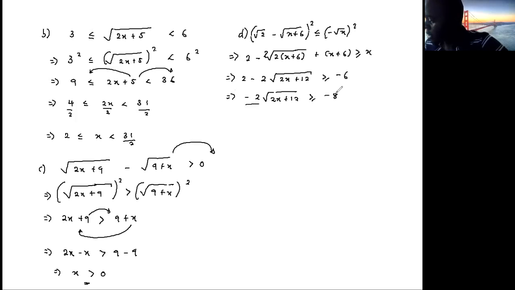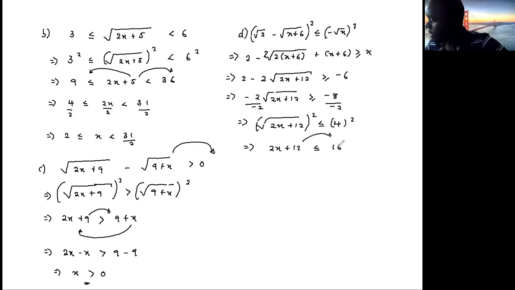So if we divide by negative 2, then you are going to have root 2x plus 12 is less or equal to positive 4. So that if we square this side, we also square the other side, then we get 2x plus 12 is less or equal to 16.